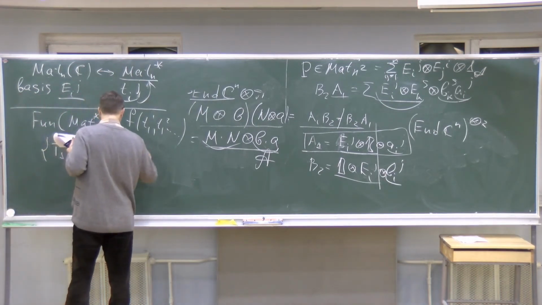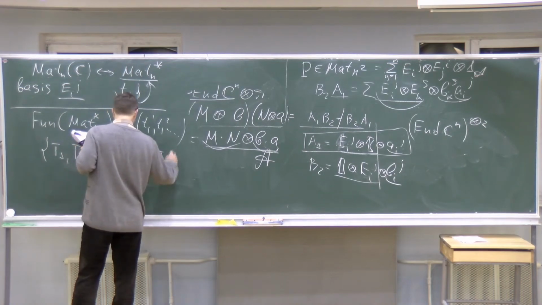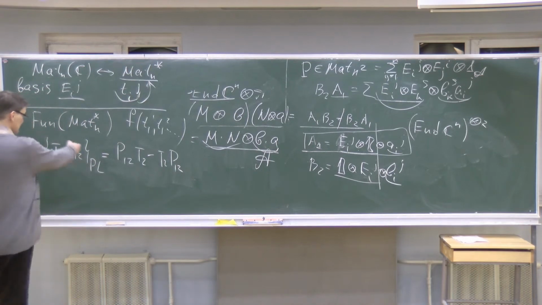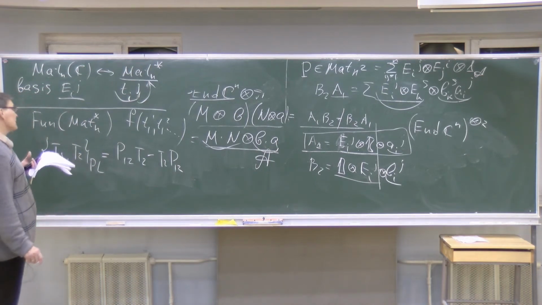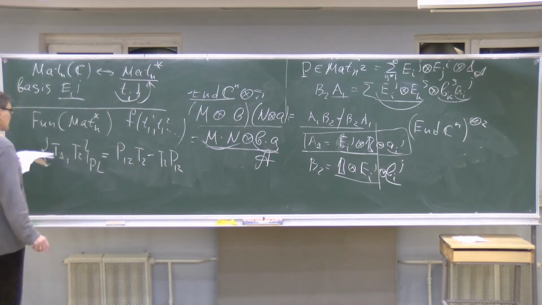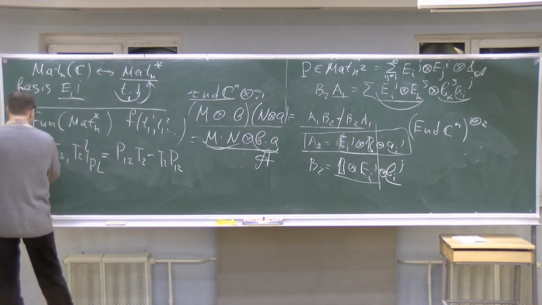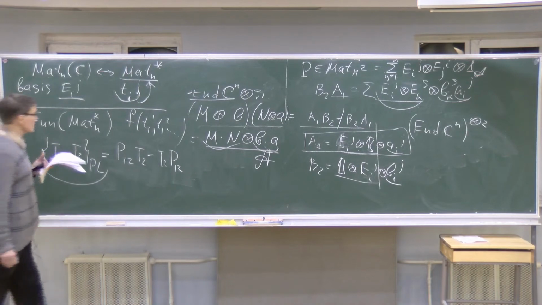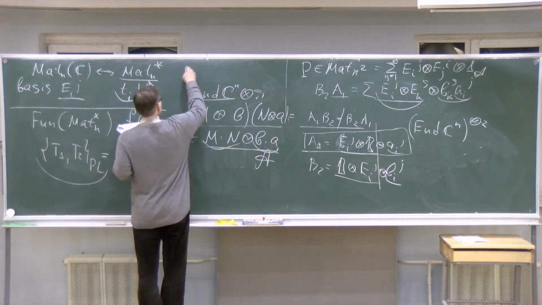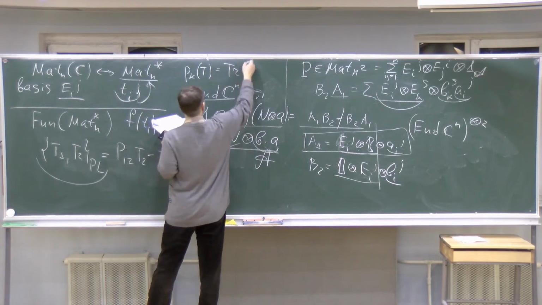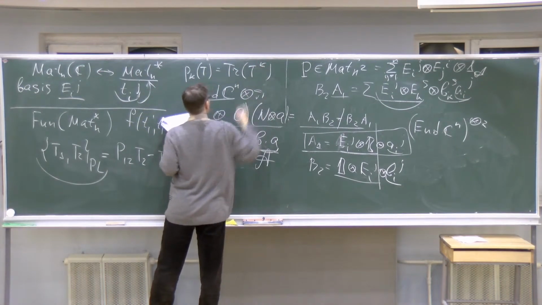The bracket of T1 and T2 is P12 T2 minus T2 P12. This is the standard Poisson structure on this space. And we have proved that this Poisson bracket has a big center. The generators of the center are the elements p_k, the trace of T to the k's power.